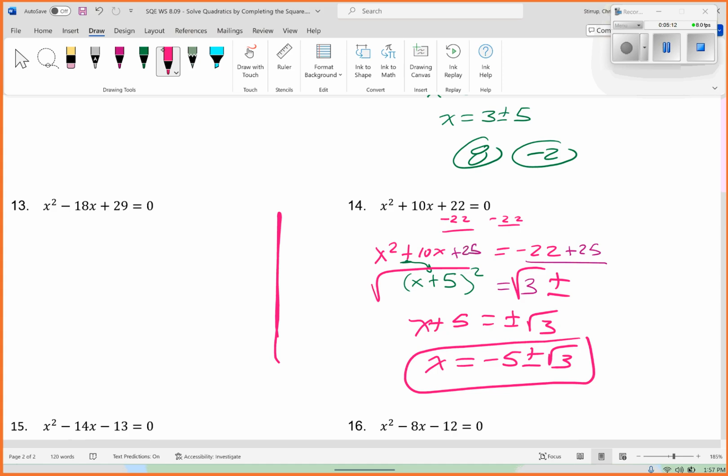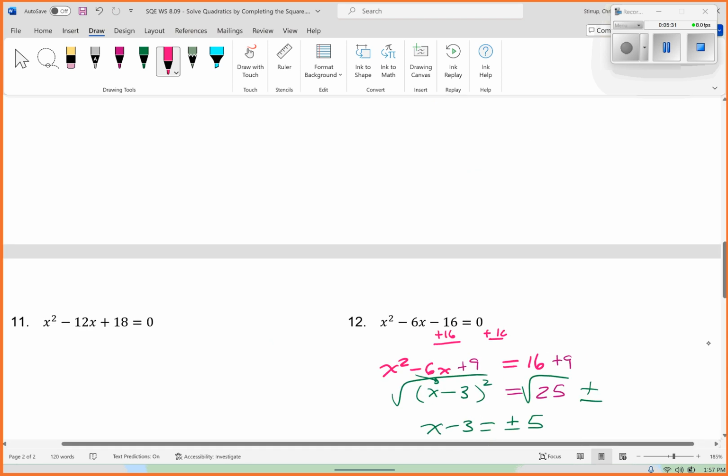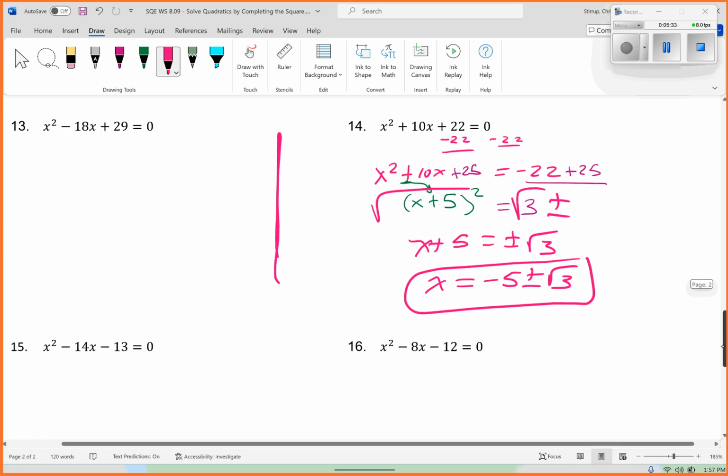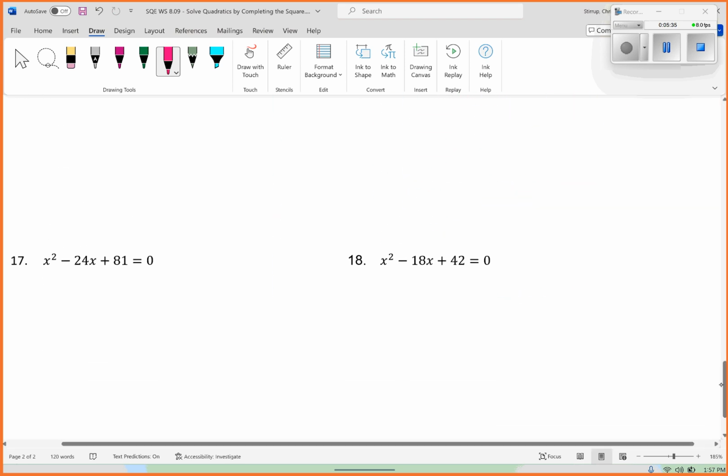That works. Oh, Copeland, here's your homework. Why is this not going down? There we go. 17. All right.